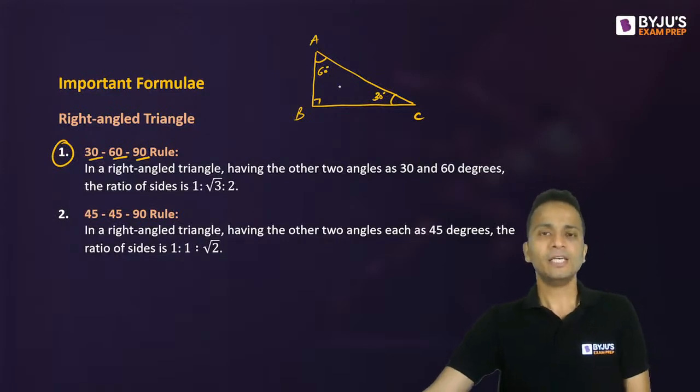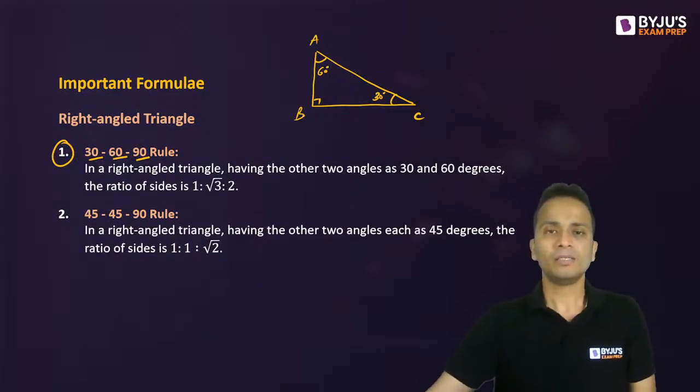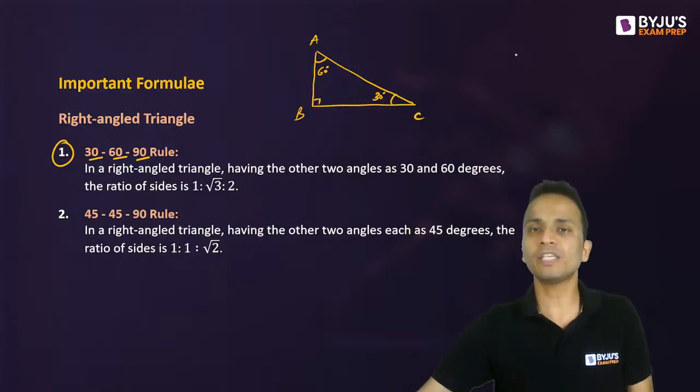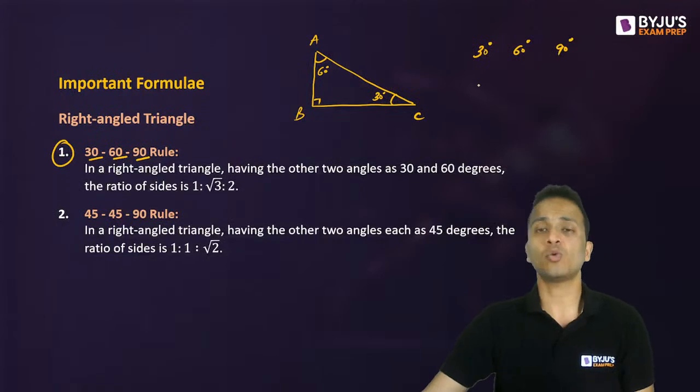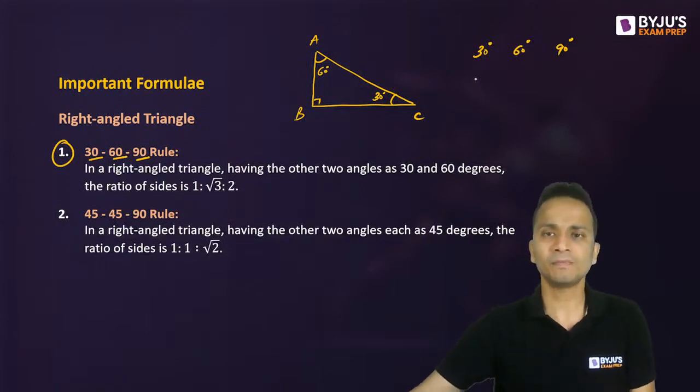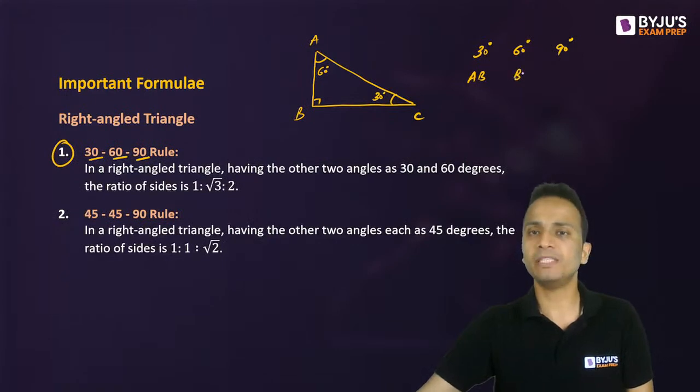All right. Now, directly you can say that the ratio of the sides opposite to 30-degree angle, 60-degree angle and 90-degree angle. You can write the ratio of the sides which are opposite to 30-degree angle, that means AB, opposite to 60-degree angle which is BC, and opposite to 90-degree angle which is AC.